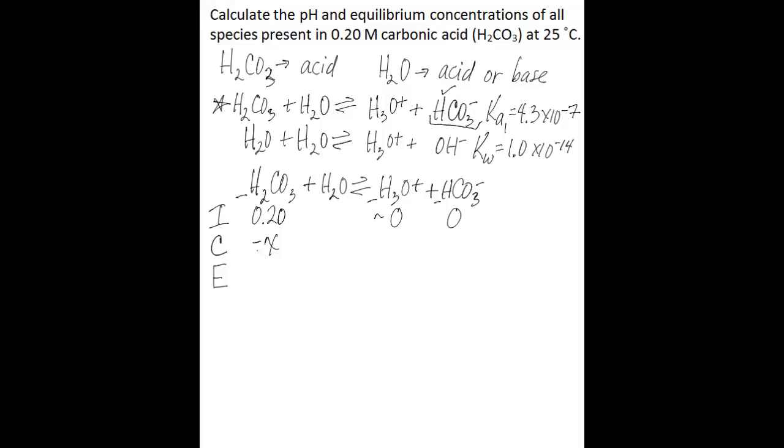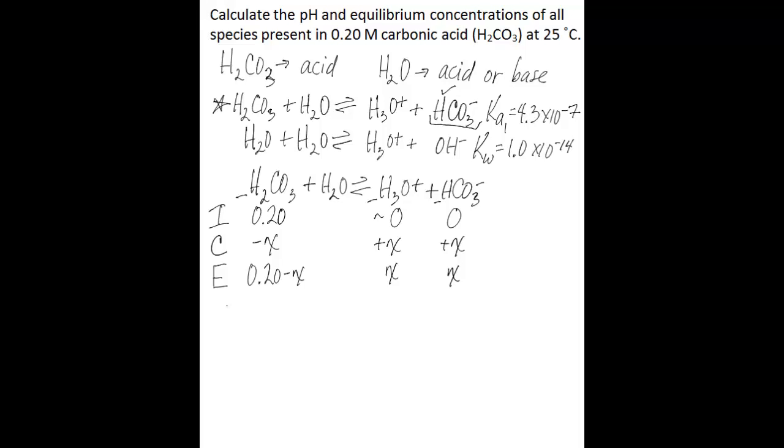Therefore, when we lose minus X of carbonic acid, we'll gain plus X for both the hydronium ion and the bicarbonate ion. So writing the equilibrium concentrations for carbonic acid, we have 0.20 minus X, and for hydronium ion and bicarbonate we have X.